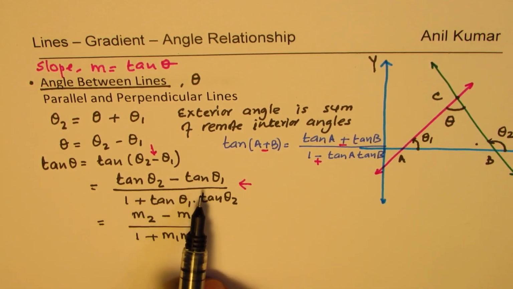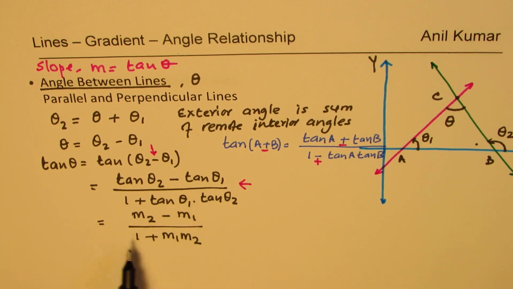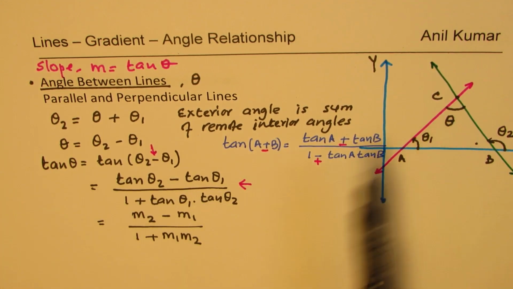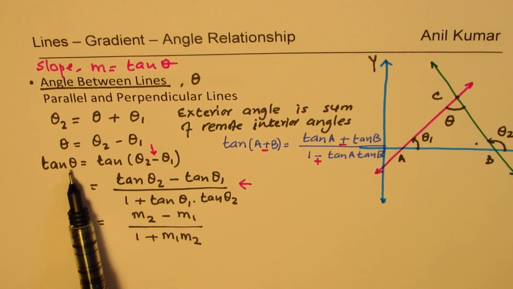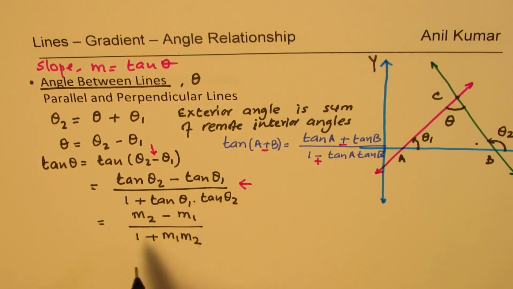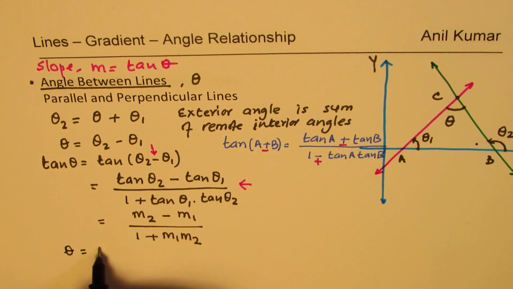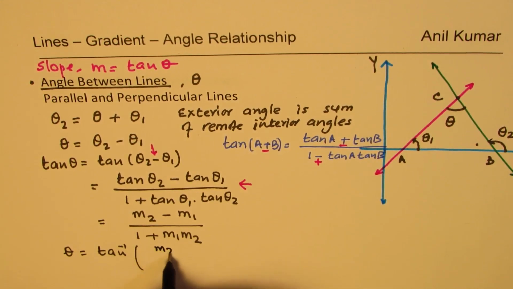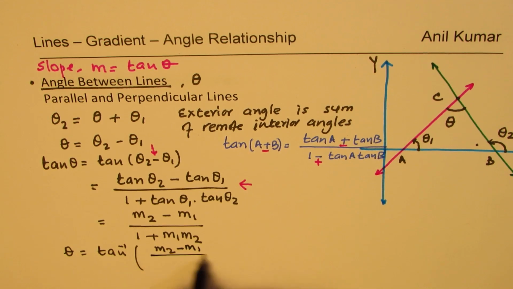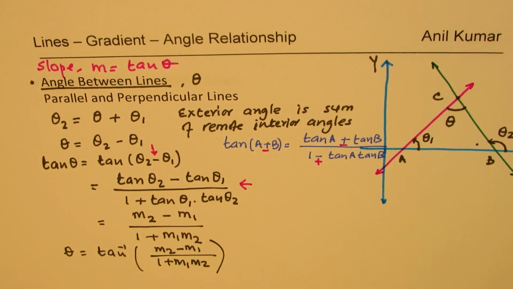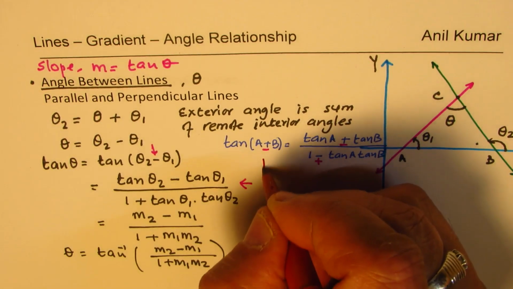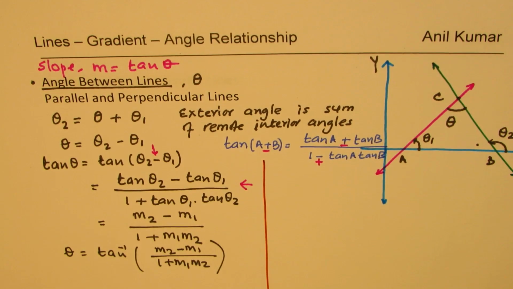Since tan theta represents the slope of the line. So that becomes a relation for the angle. Now you can always calculate what theta is. So from here you can always write theta is tan inverse of (m2 minus m1) over (1 plus m1 m2). Perfect. So that is how you could actually find the angle theta.